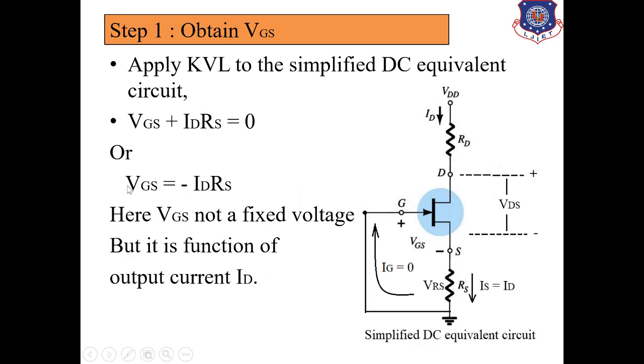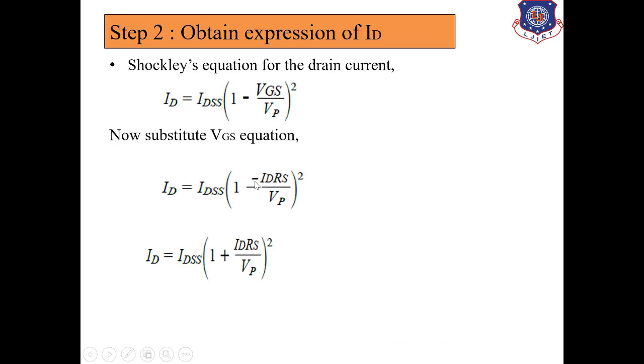In step 1 you have got VGS equal to minus IDRS. So ID equal to IDSS times (1 minus (minus IDRS) upon VP) whole square. Minus minus will be plus. So you will have the final equation of drain current: ID equal to IDSS times (1 plus IDRS upon VP) whole square.